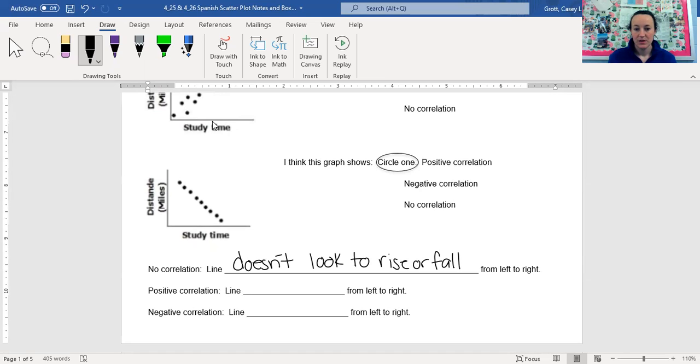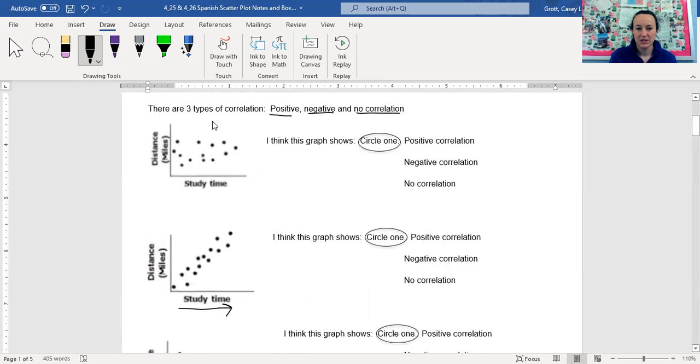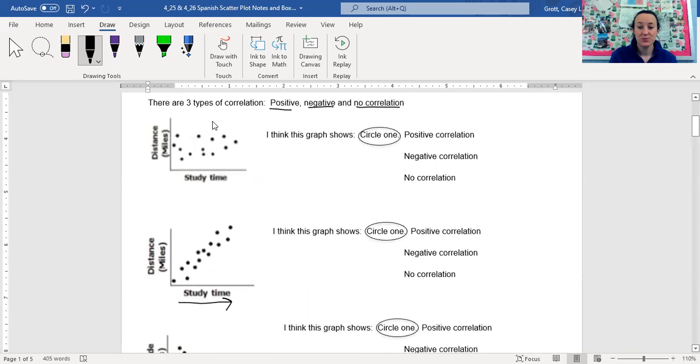If we go back and look, here they're kind of falling from left to right. From here, they're going up from left to right. From here, it's just a mess. We have dots scattered everywhere. So this one should have been your no correlation. Things are just a mess.